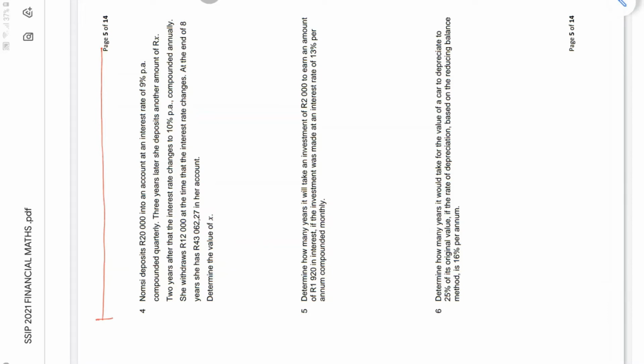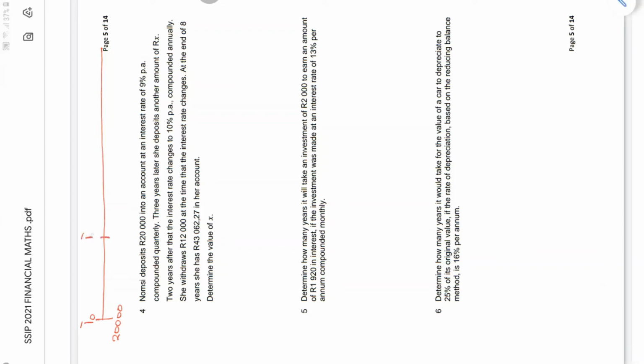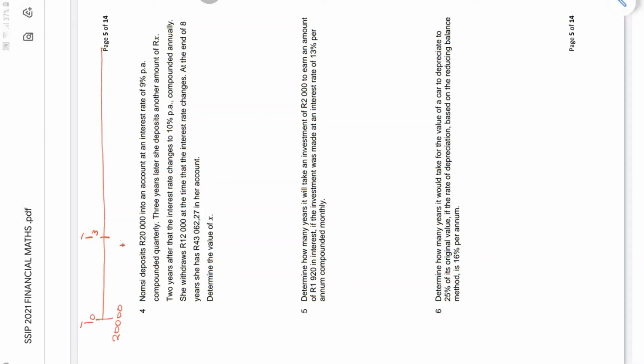At the beginning, T0, 20,000 rands is deposited into the account. 3 years later, so that means at T3, X amount is deposited. Whenever an amount is deposited into an account, that is a plus to the account. 2 years after that, the interest rate changes.